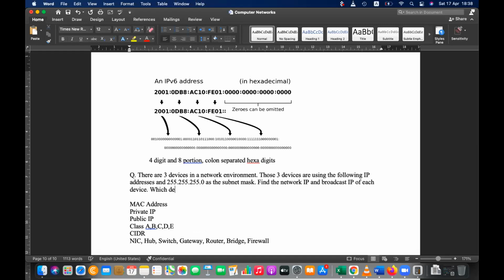Which devices can connect using a switch?